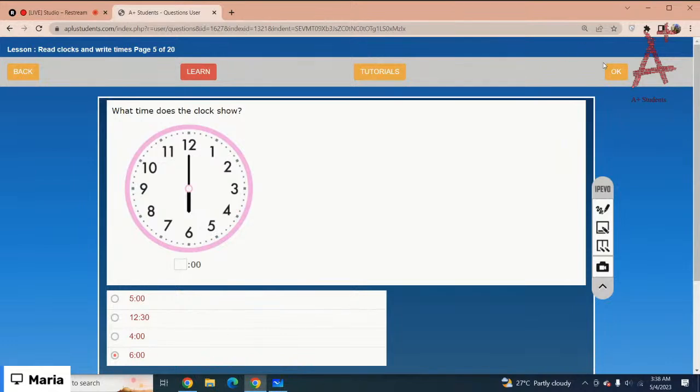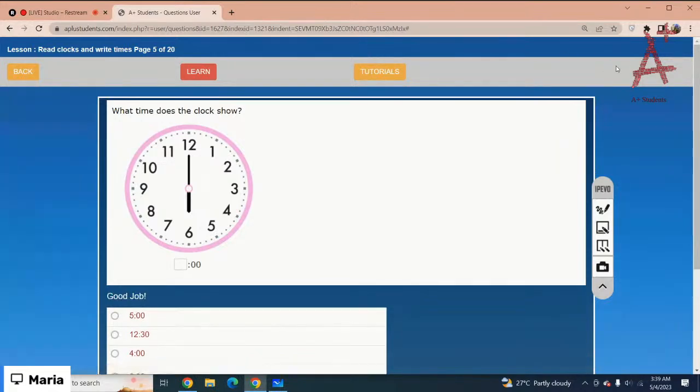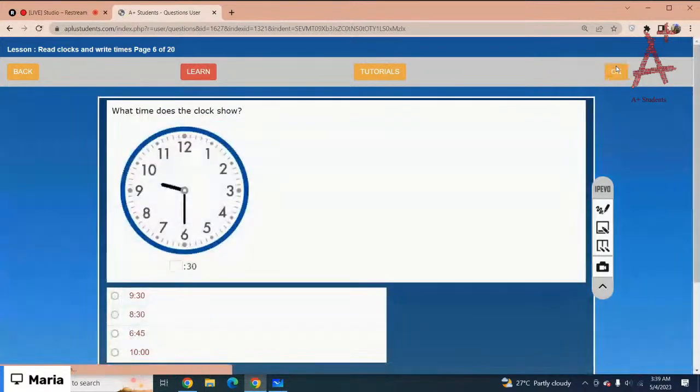The correct option is 6. What time does the clock show? It would be 9:30. The correct option is 9:30.